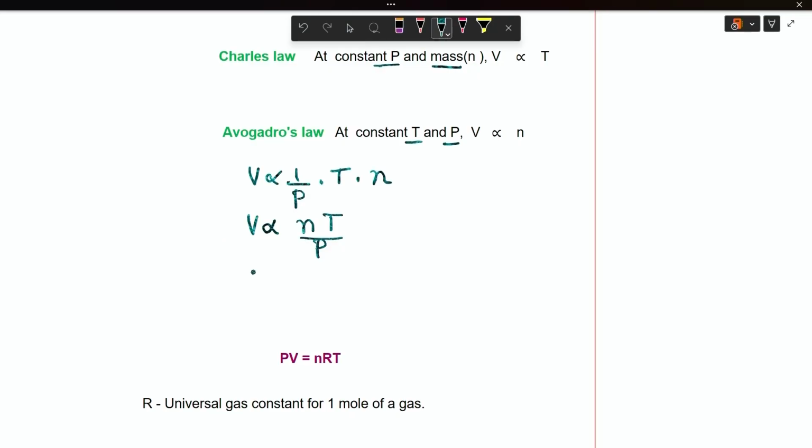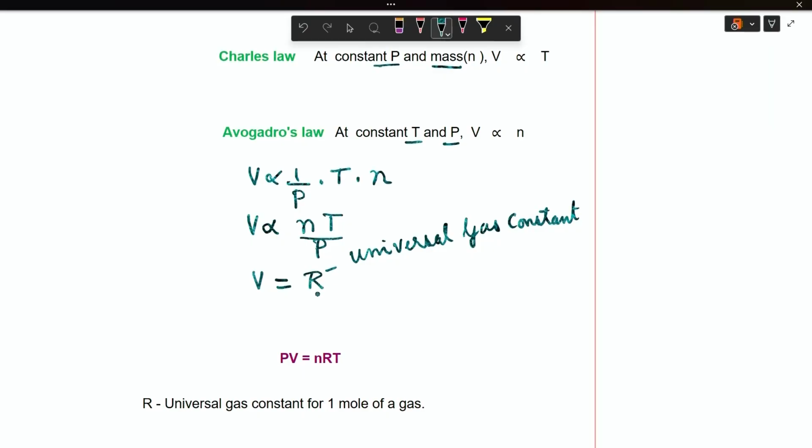Now, I am going to introduce a proportionality constant, but this constant is not simply a proportionality constant. We are going to introduce it with another name, capital R, which is known as the universal gas constant.